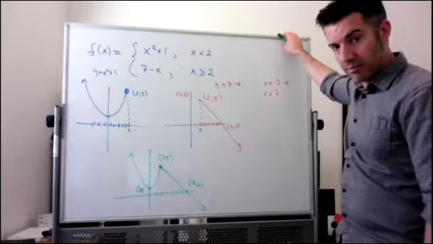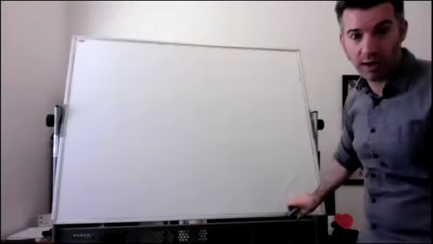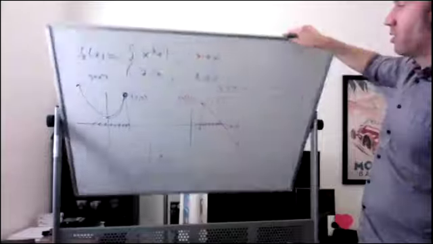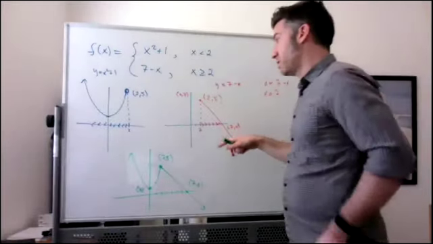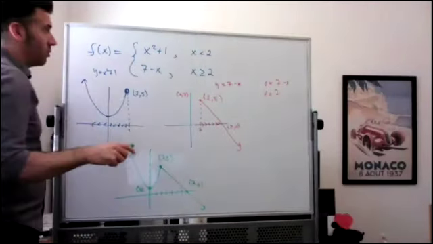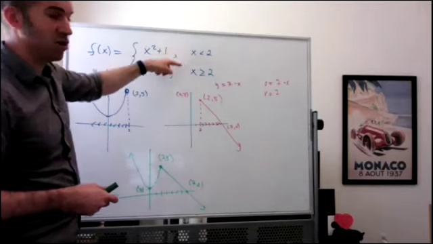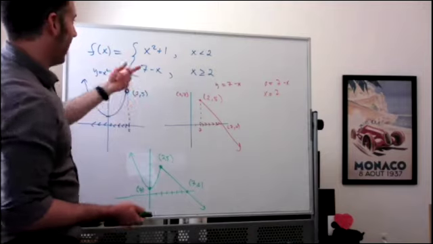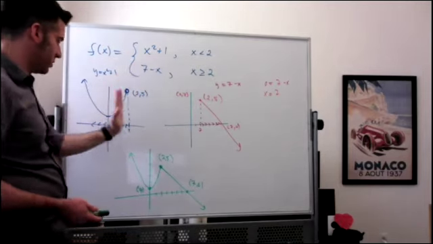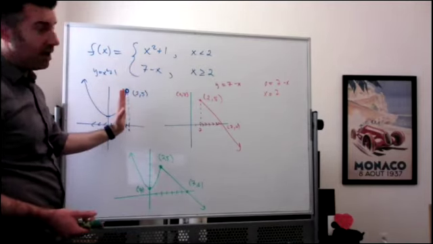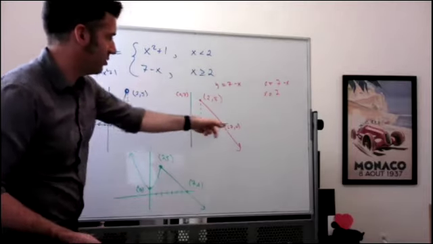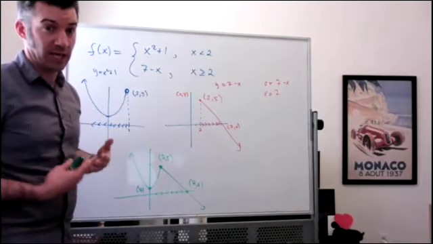Let's look at another example. A very similar example. How did I find the point (2, 5)? So for each of these graphs, here's what I did. I said, hey, look, the pieces are changing at 2, right? I get this piece all the way up until 2, not including 2. And then I get this piece after 2. So I should really look and see what's happening at 2.